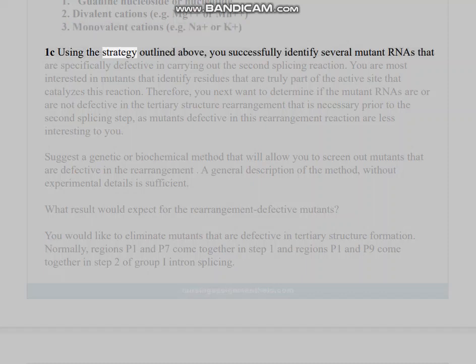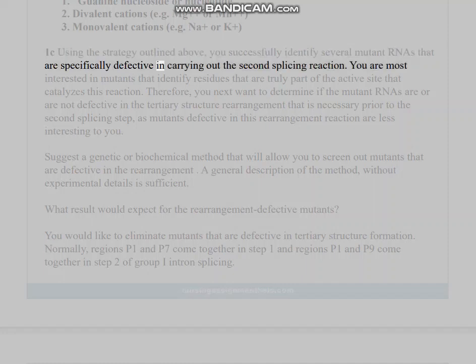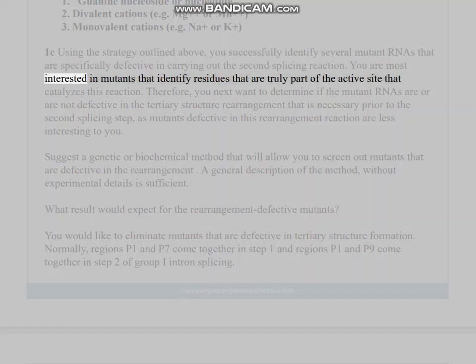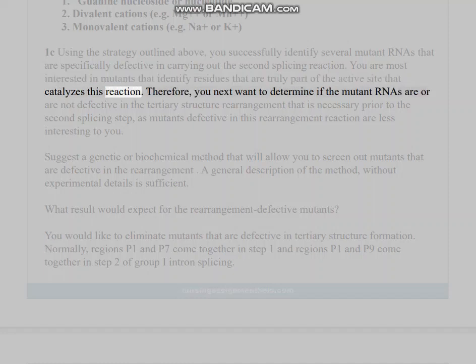1c. Using the strategy outlined above, you successfully identify several mutant RNAs that are specifically defective in carrying out the second splicing reaction. You are most interested in mutants that identify residues that are truly part of the active site that catalyzes this reaction.